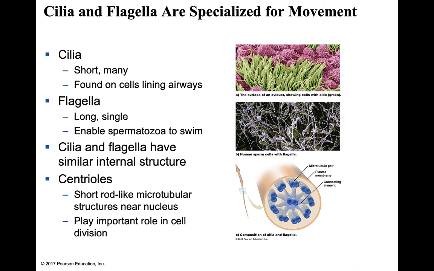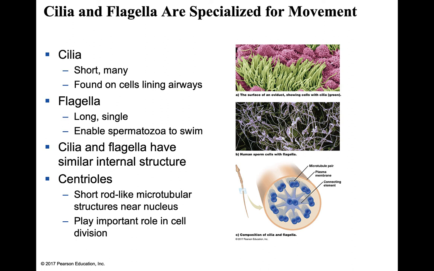But it really does look like a sea anemone, and that's one of the examples I quite often will give of what cilia and cells look like. We will also find them in cells lining the airway. So they sweep away irritants and things like that we inhale into our body.